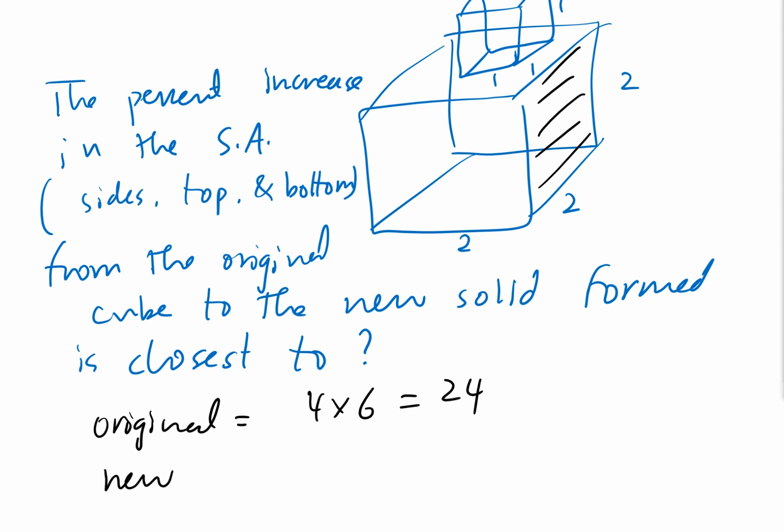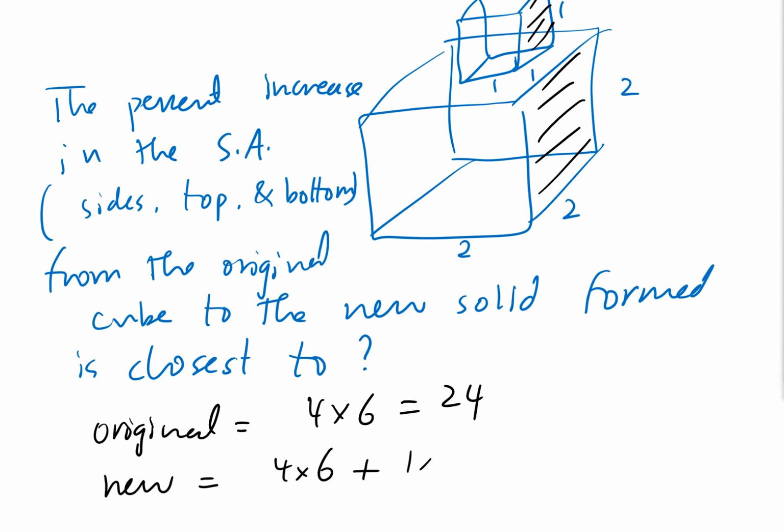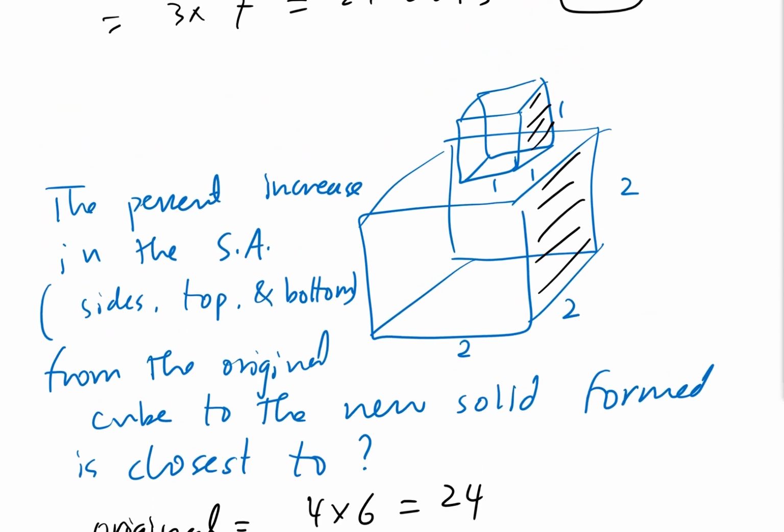The new surface area, well, I always do it this way: I take the surface area of each one and add them together. The next one is 1 times 1 times 6, so that's 6. That's a total of 24 plus 6, 30 so far. But there's an overlap here.